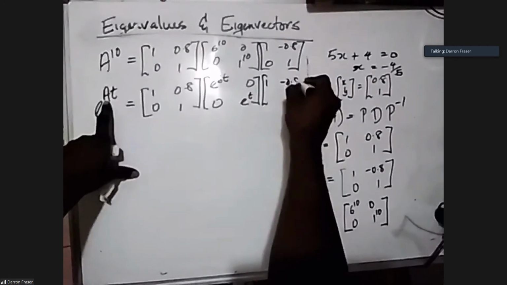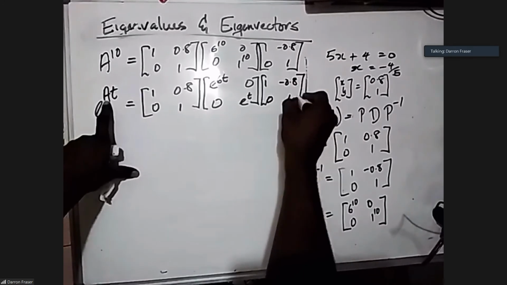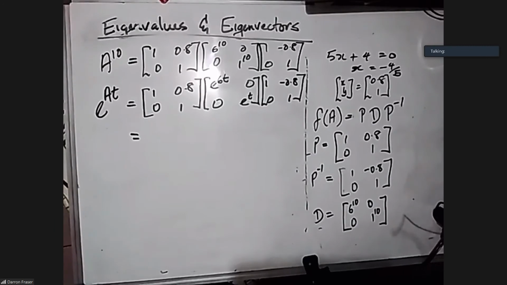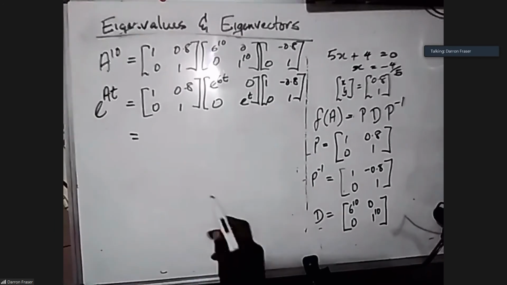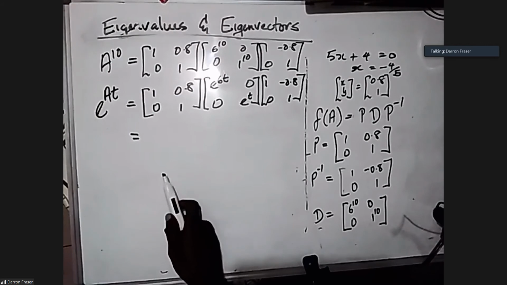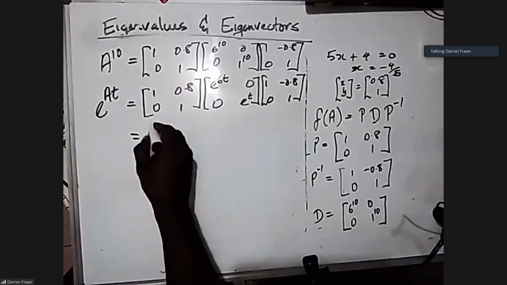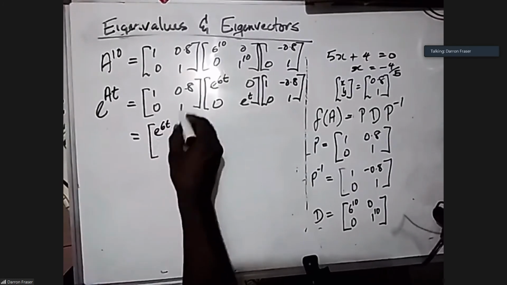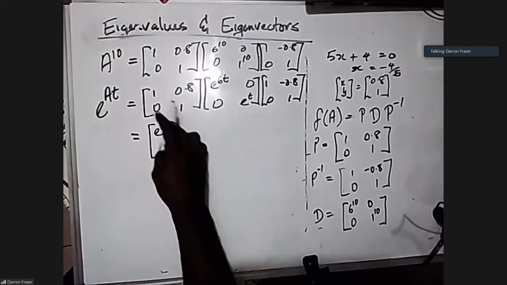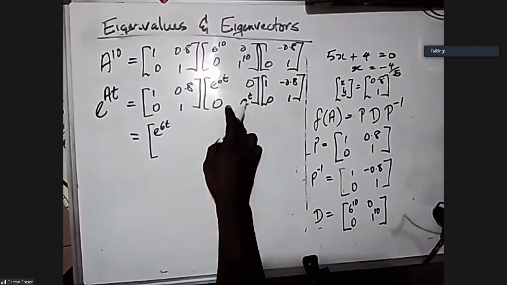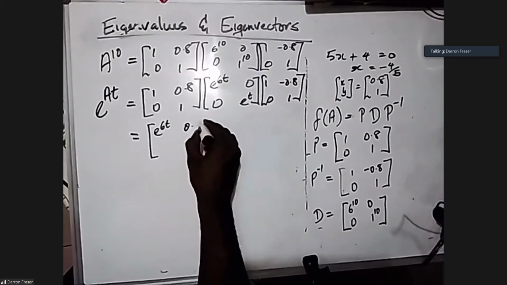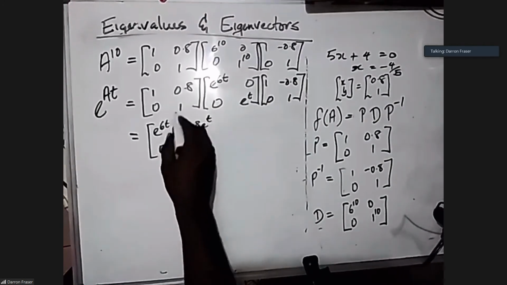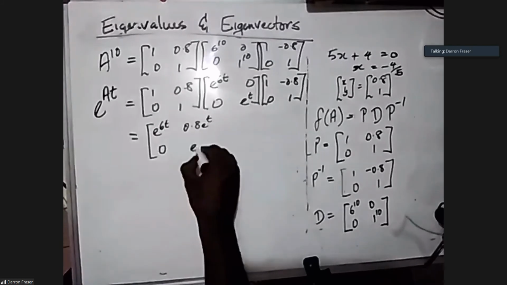Then P inverse, 1, 0.8, 0, 1. And then we can multiply it out. So let me multiply out this one. That's e to the 6t plus 0, that's still e to the 6t. Then 0.8 e to the t. This is 0, e to the t.